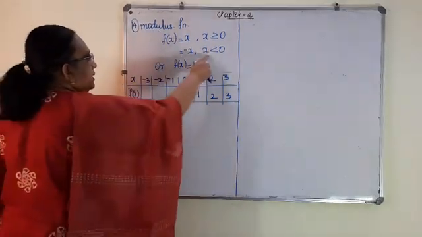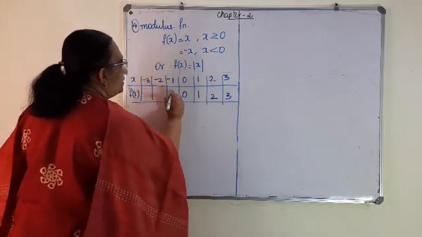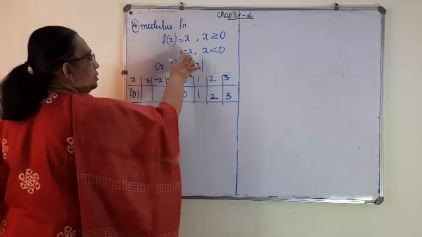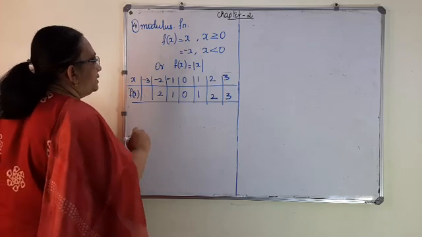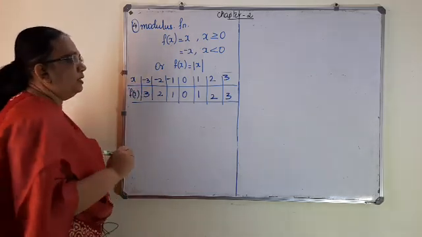For minus 1, it is minus of minus 1, which is equal to 1. For minus 2, it will be minus of minus 2, which is equal to 2. For minus 3, it is minus of minus 3, which is equal to 3.